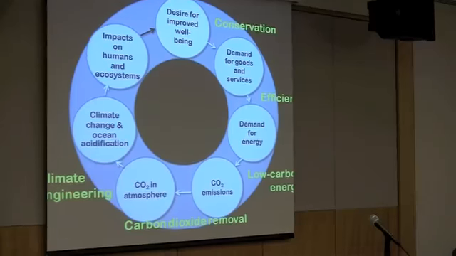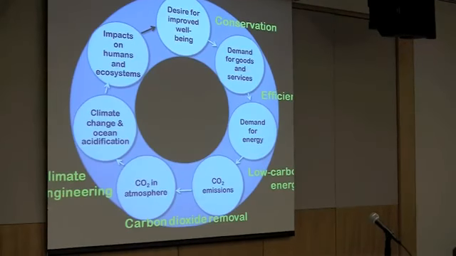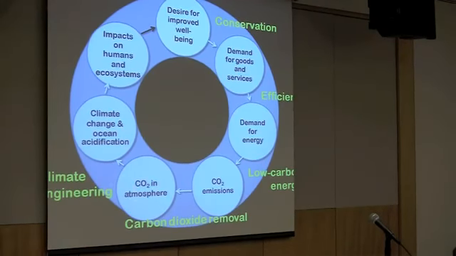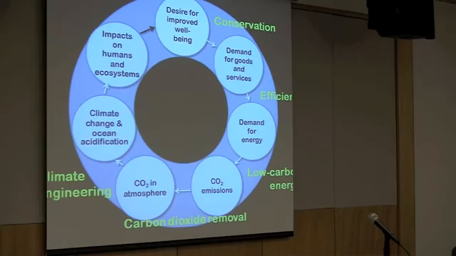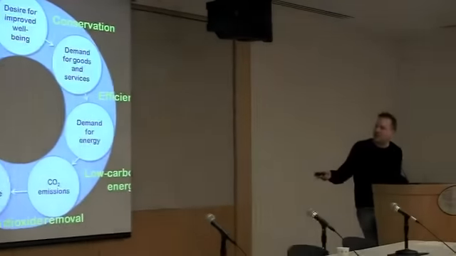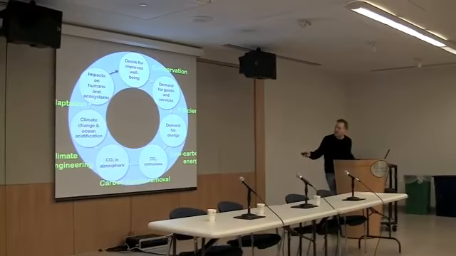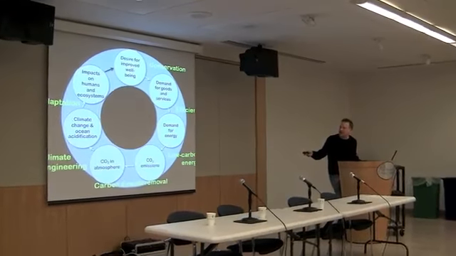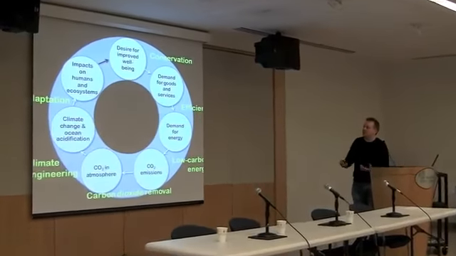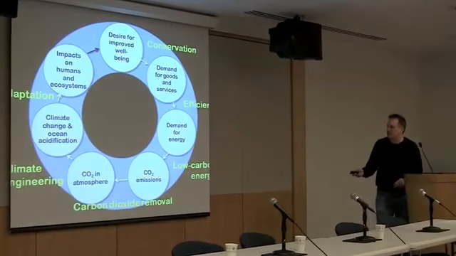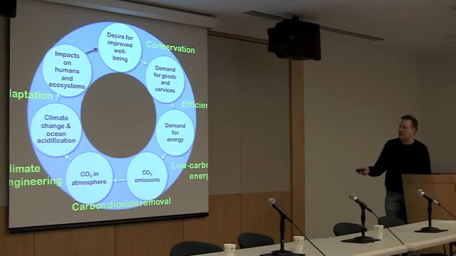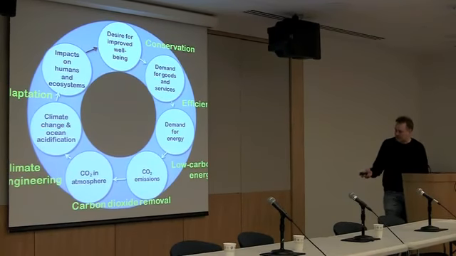And then what's here called climate engineering or solar radiation management tries to break this link between CO2 in the atmosphere and climate change. And then adaptation is the name for trying to change human systems or perhaps even natural systems so they're less vulnerable to the climate change that does occur.